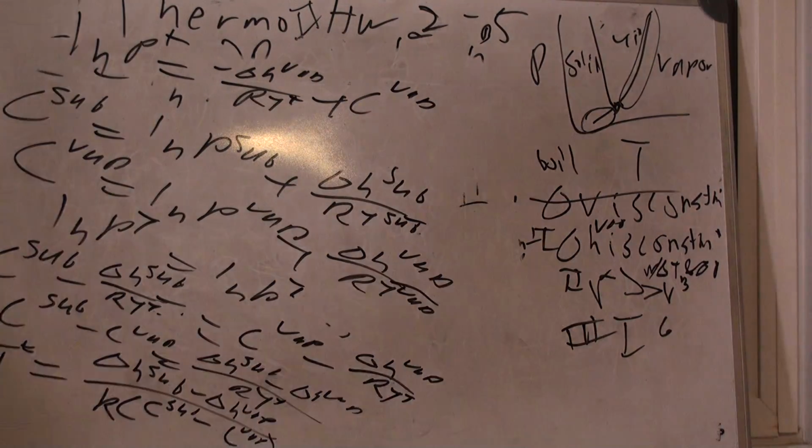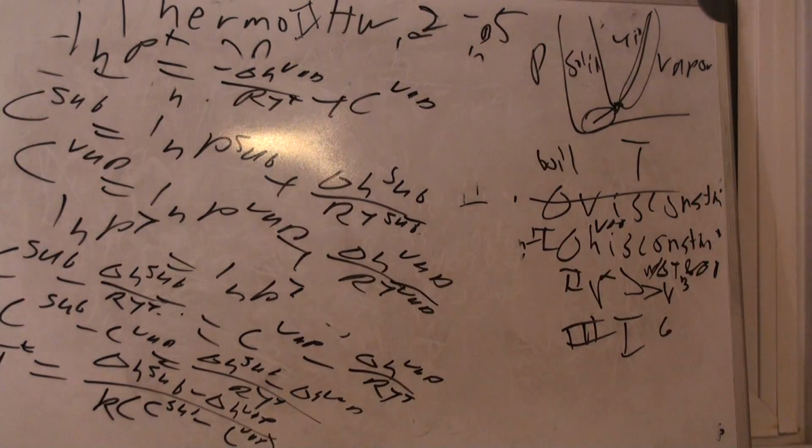Plug and chug, there's my answers. There's my triple point. So again, the Clausius-Clapeyron aspect of this is no different. The only thing that's tricky about this problem is that I have this setting them equal to each other.